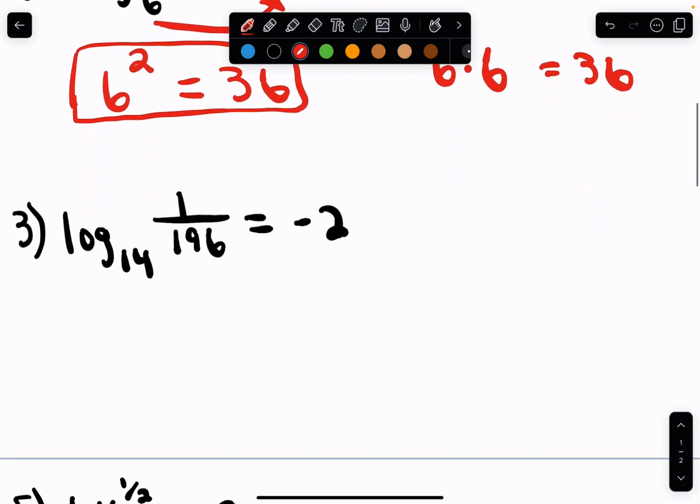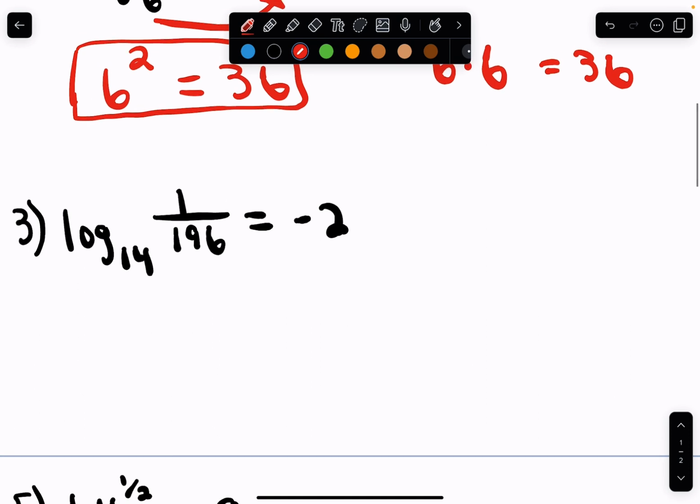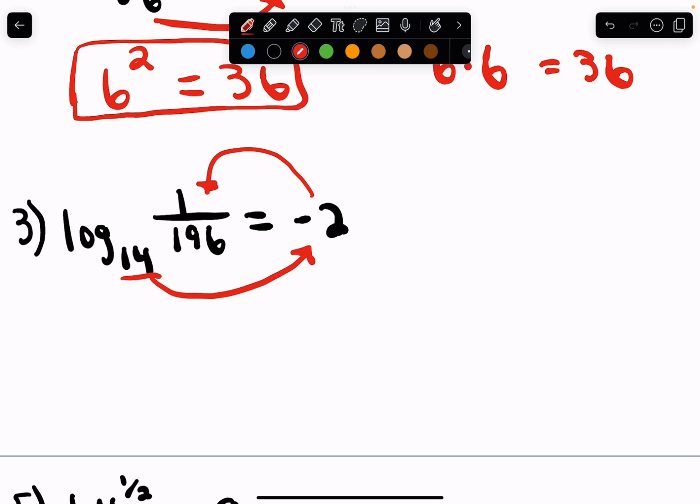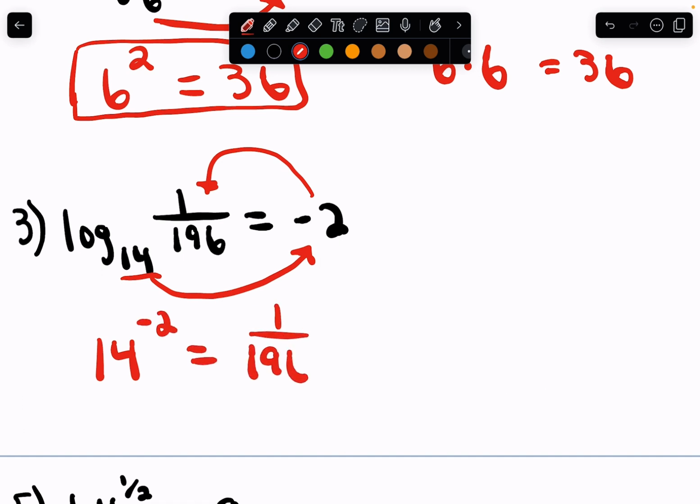Now for this third question, it's telling us log base 14 of 1 over 196 equals -2. We can use the same idea. 14 to the -2nd power is going to equal 1 over 196.